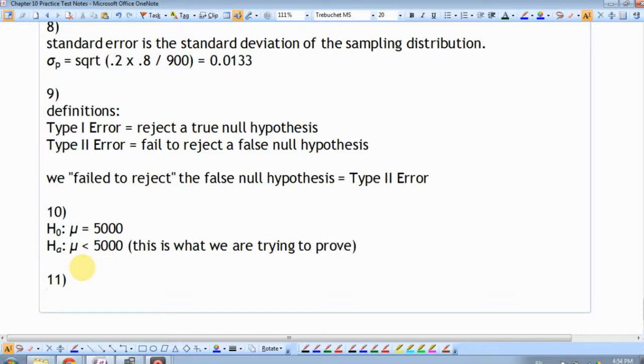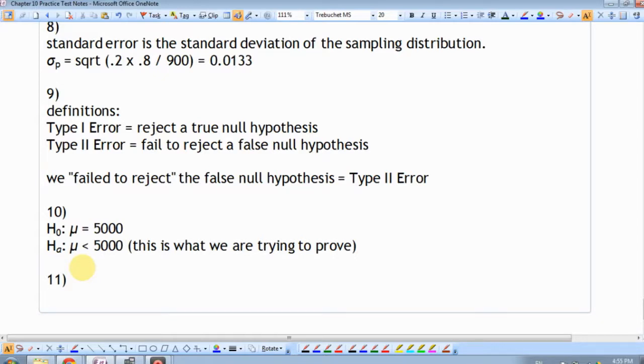H alternative could be less than, greater than, or not equal to. The resulting sample mean is 68.25. S squared is equal to 9. What is the value of the appropriate test statistic, the rejection region, and the conclusion?